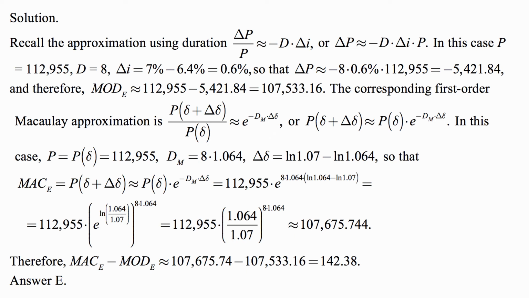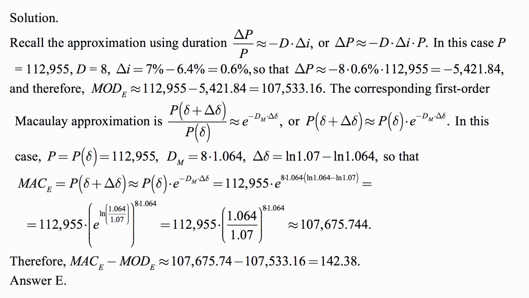So dm is 8 times 1.064. And delta, well, how do you calculate the force of interest from interest rate? 1 plus i is equal to e to the delta, so delta is the natural logarithm of 1 plus i. So the change in delta is natural logarithm 1.07 minus natural logarithm 1.064.